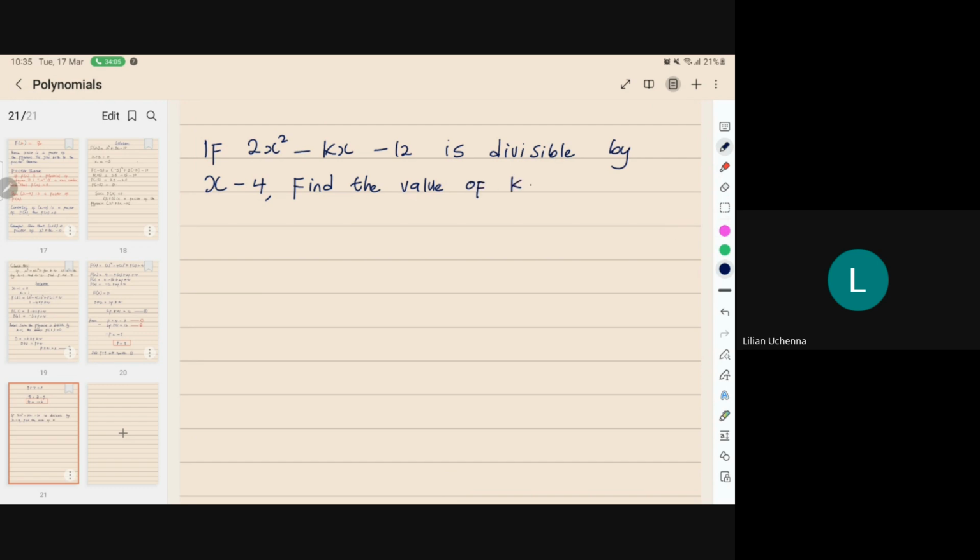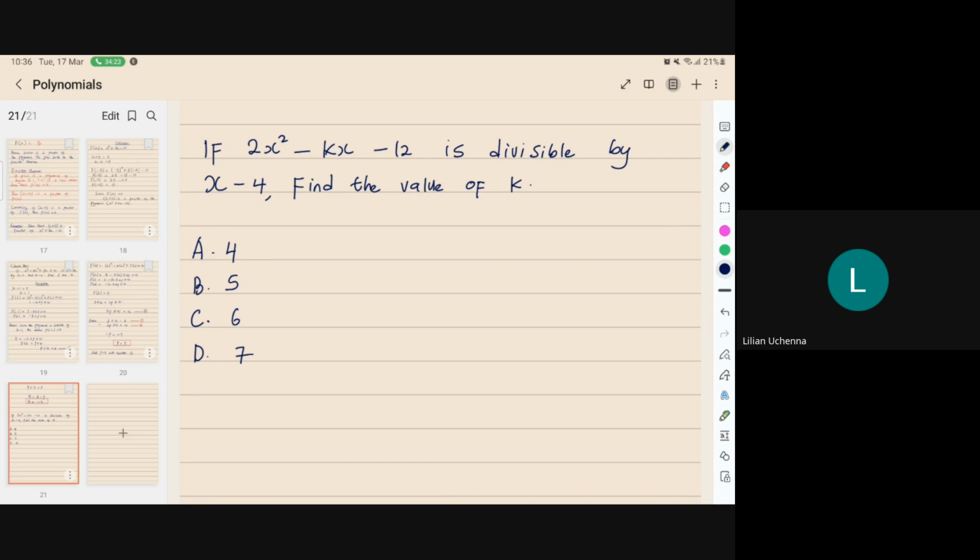Option A says 4, option B is saying 5, option C says 6, option D is saying that it is 7.